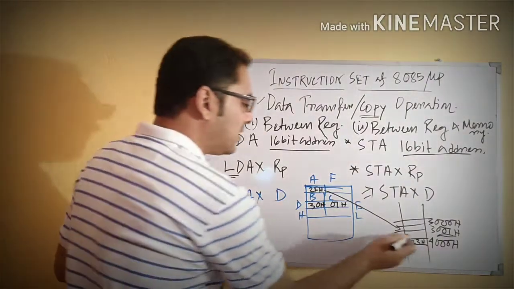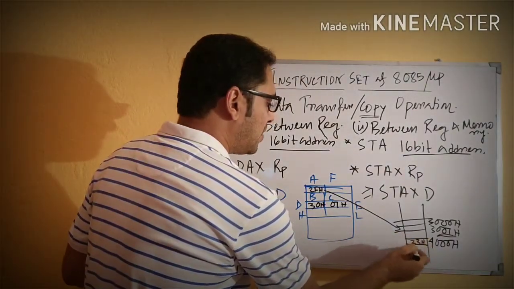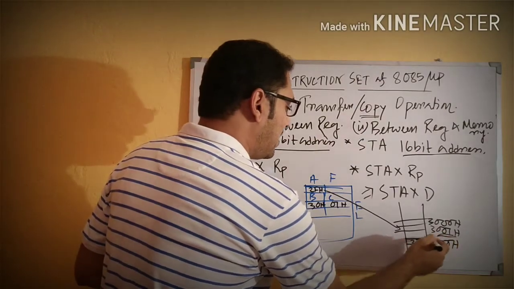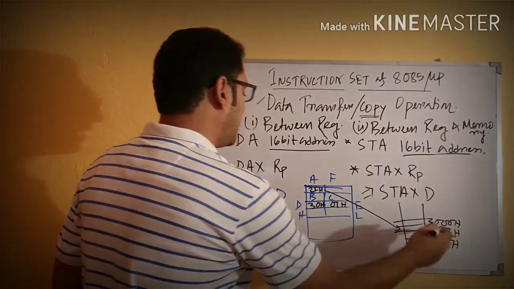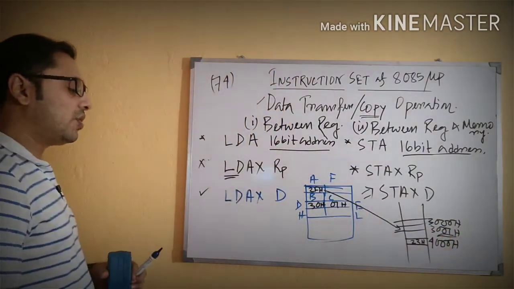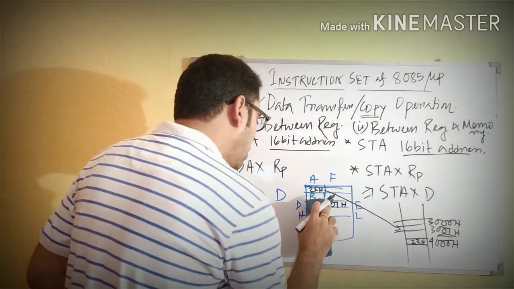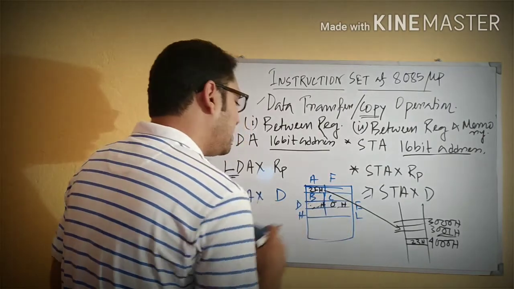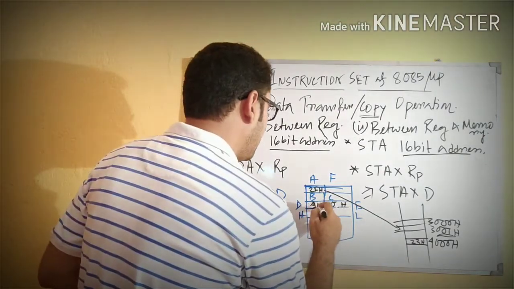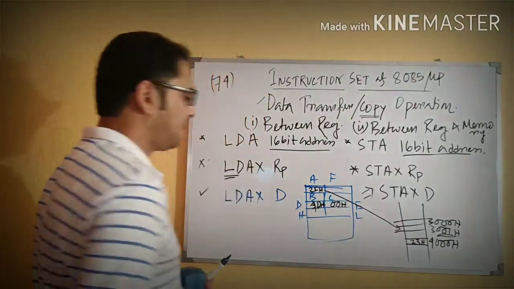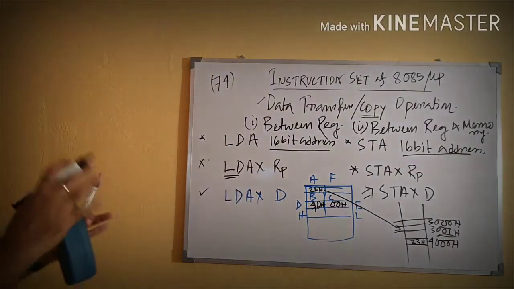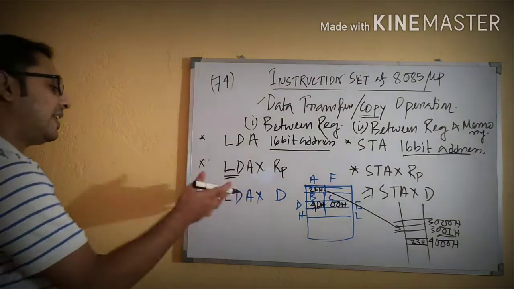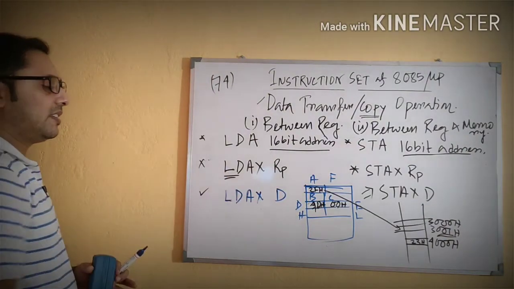I want to get this value, 23 hex, which is available at memory location 4000 hex, into the accumulator. To perform that, first I need to load the DE register pair with this value, 40 hex and 00 hex. If that is the scenario and then I have executed LDAX, then what will happen?